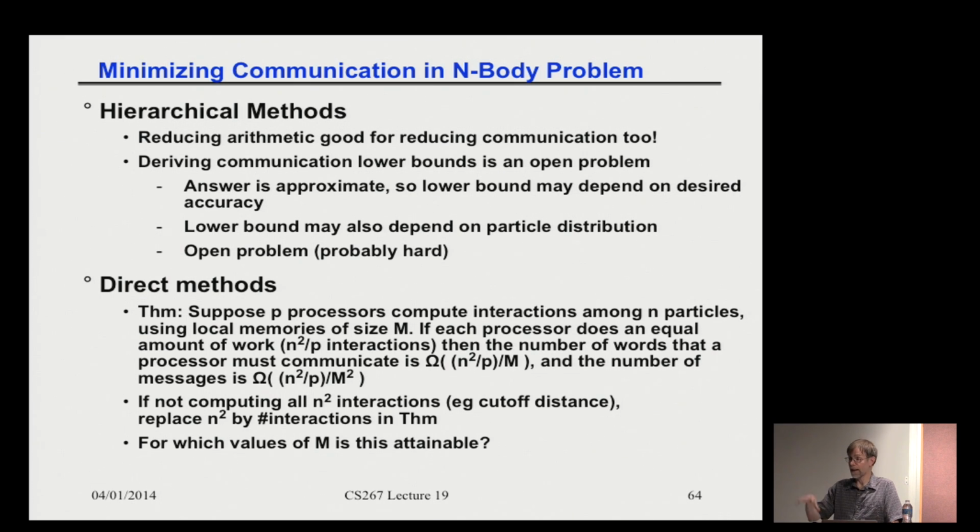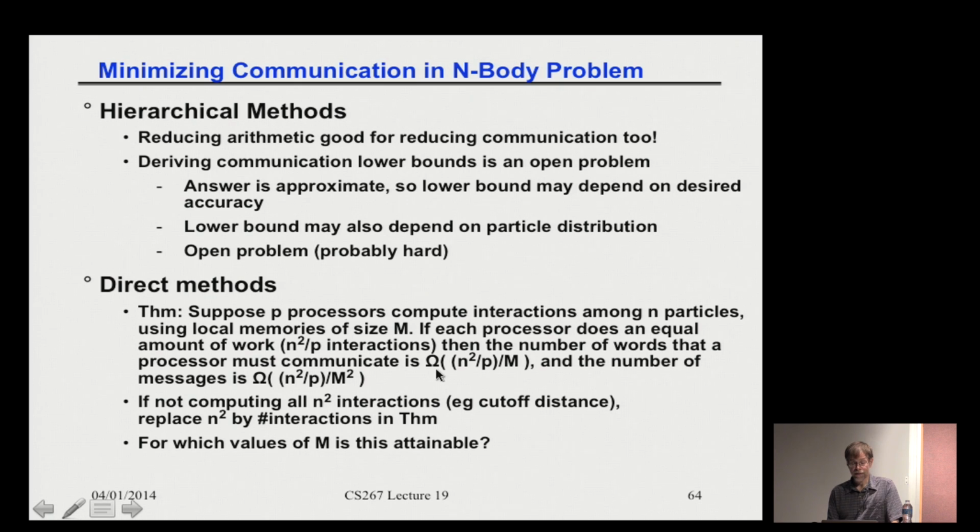So capital M will be the amount of memory in each processor. And let's suppose it's load balanced. I have to assume that, otherwise one processor could do all the work with no communication. That's not very interesting. So everybody's going to do an equal share of the work. Then the question is, how much data movement do I have to copy back and forth between the processors in order to compute all those n squared interactions?